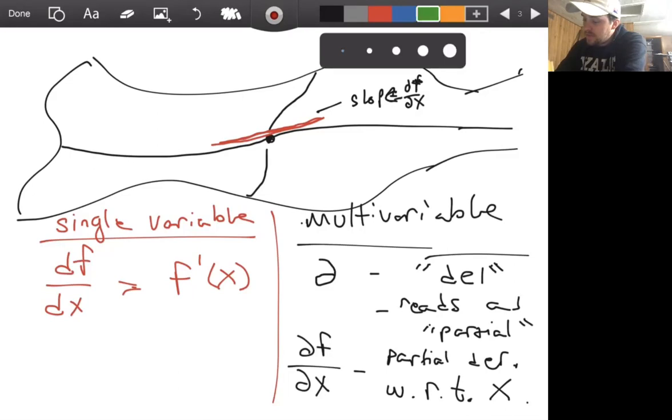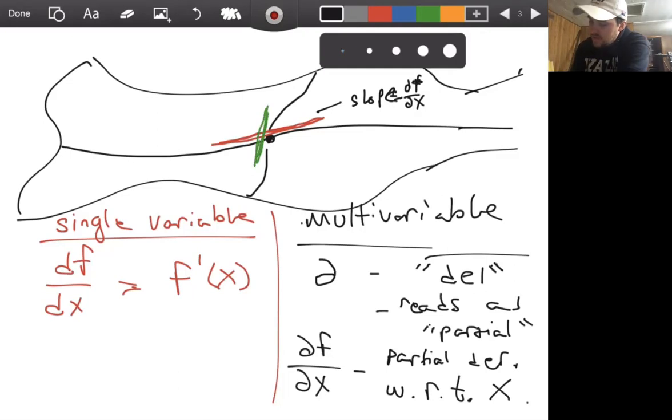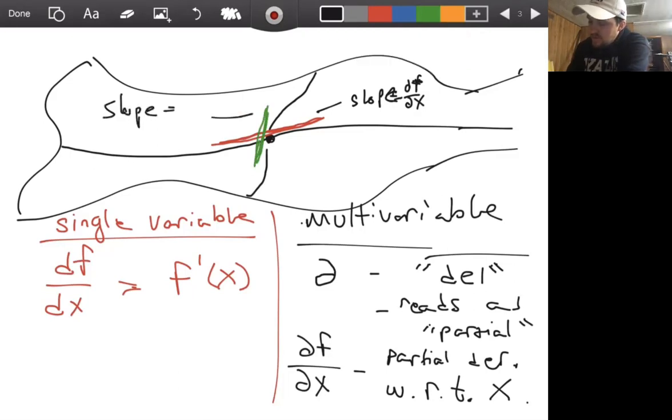And then what about the slope of the tangent line to the curve where x is fixed and y is varying? Well, the slope of this tangent line is the partial derivative of f with respect to y. So del f, del y, okay?